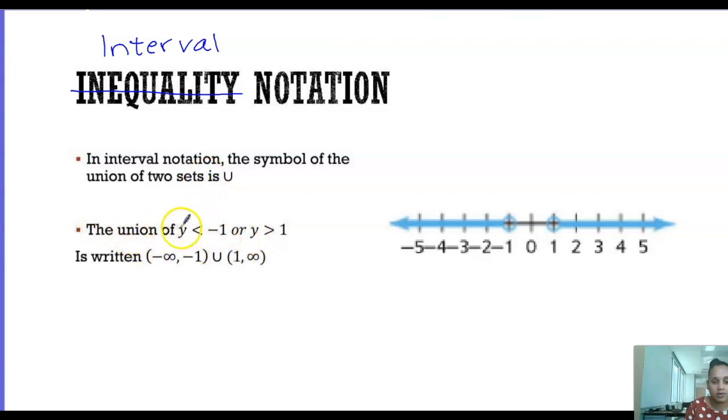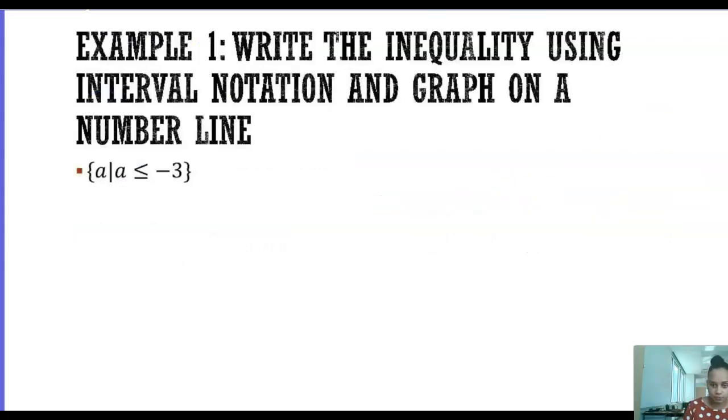So here's y is less than -1, or y is greater than 1. We see it on the number line, and it'd be written this way. This would be negative infinity to -1, and then this would be 1 to infinity, and you can just kind of imagine it like this. If it helps you, you can definitely write on that number line. U closes that gap up for us. It lets us know that there is a gap.